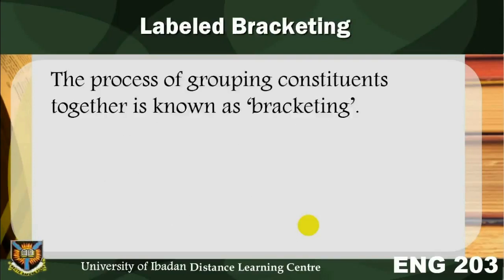Immediate constituent analysis can be illustrated in the tree diagram below. S, NP, VP, det, N, V, PP, prep, NP, det, N. The cat sat on the mat.